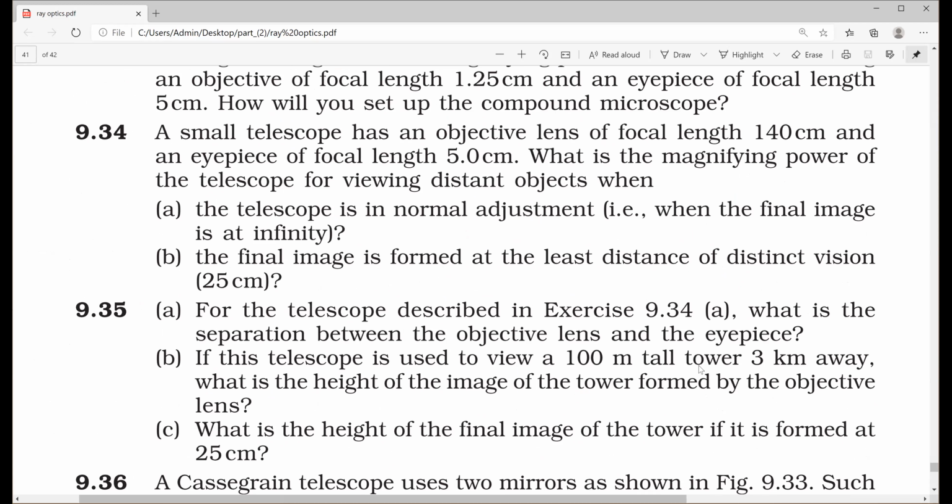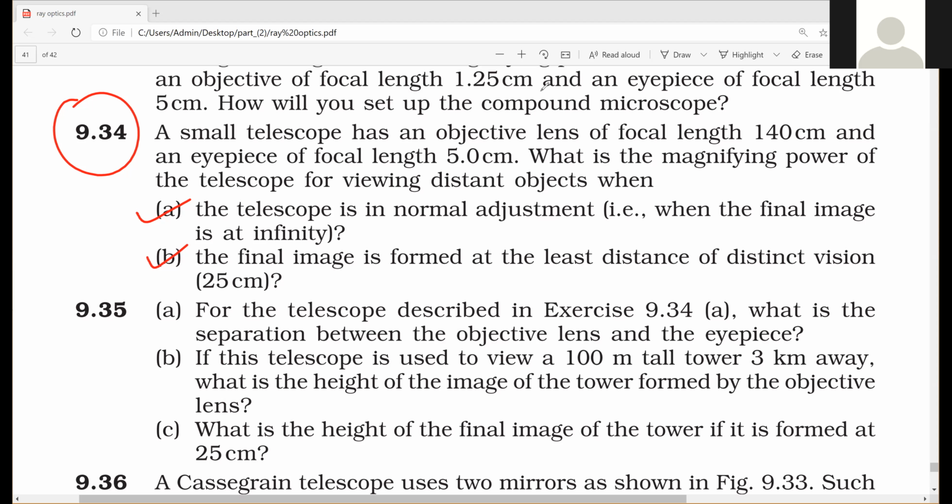So 9.34, what they asked in the question, in that there are two parts, A and B. A small telescope has an objective lens of focal length 140 centimeter and an eyepiece of focal length 5 centimeter.